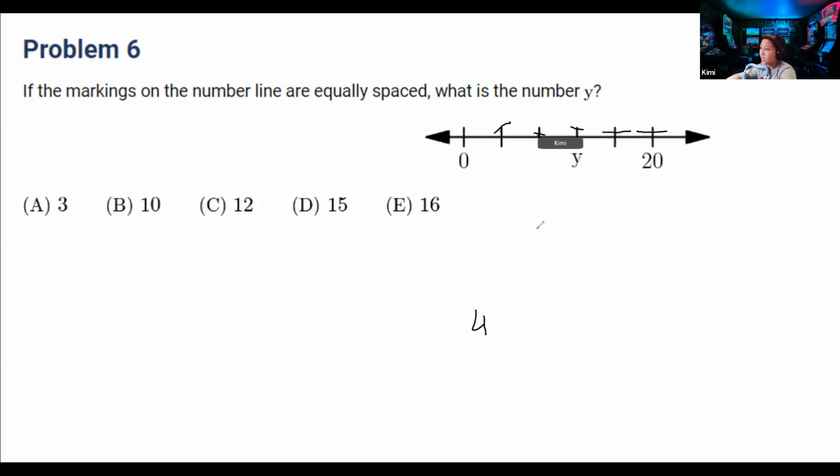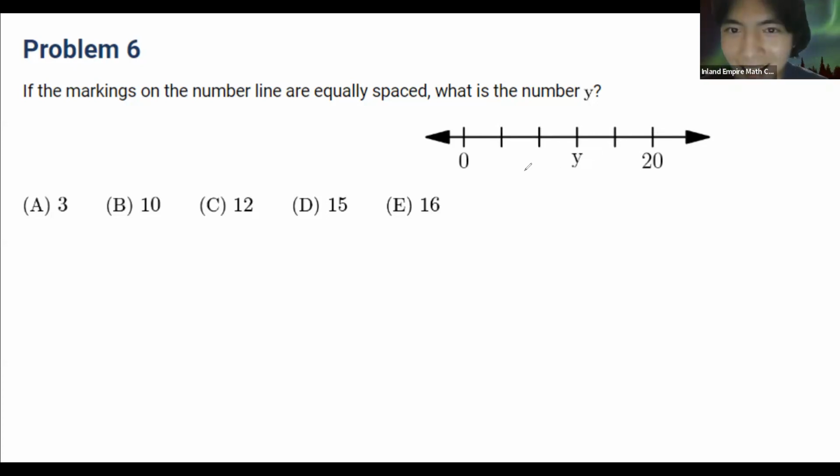So 4 times how many spacings? 1, 2, 3. So 4 times 3 is 12, which gives you the answer. That's precisely right. I'm not even going to elaborate on it anymore.